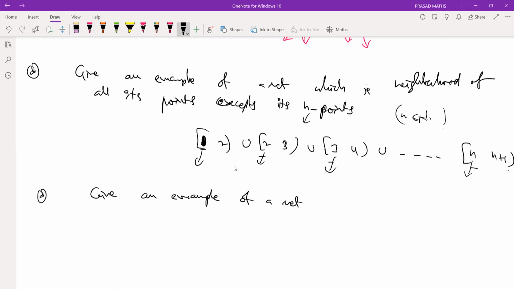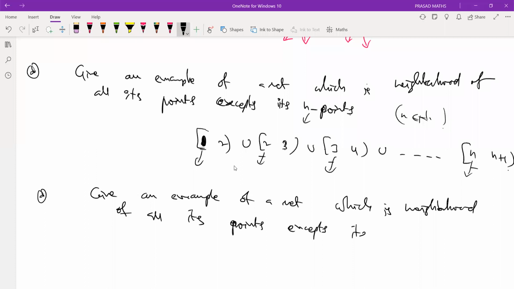So, give an example of a set which is a neighborhood of all its points except its countably infinite points.